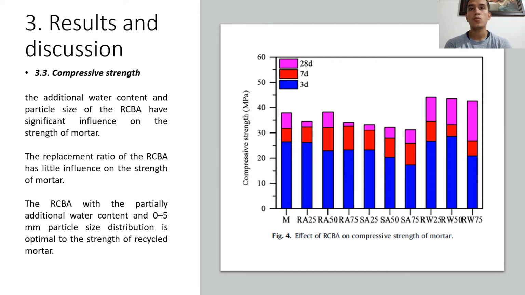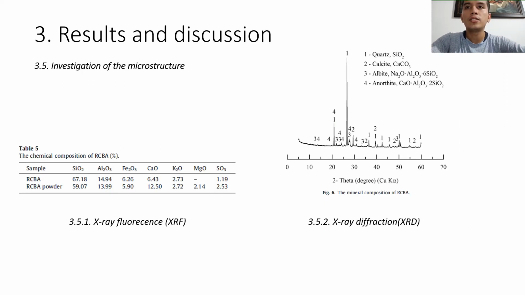The RCBA with the partially additional water content and 0 to 5 mm particle size distribution is optimal for the strength of recycled mortar. Flexural strength was also calculated, from which it can be concluded that the RCBA is detrimental for the initial flexural strength and can also be beneficial for the late flexural strength.